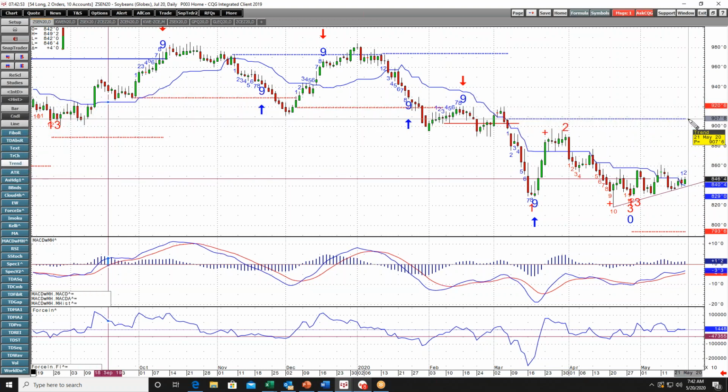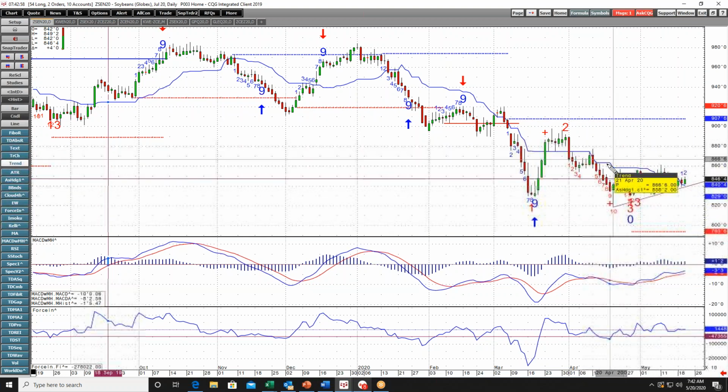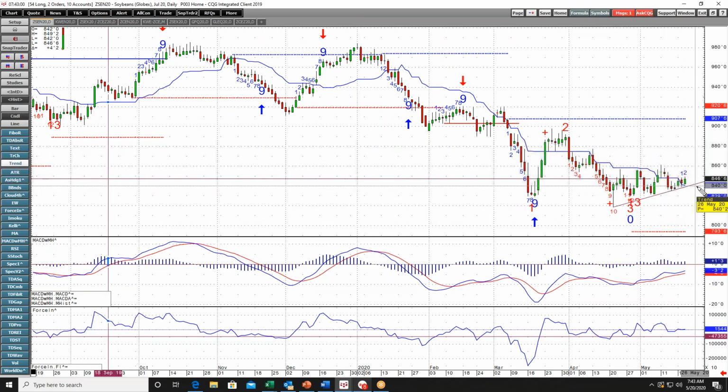This would be the first level of major overhead resistance, which is at 9.07. But everything about this setup looks like beans could move higher. What could change that? Well, any number of things, right? The dollar continuing to rally and making us less competitive than Brazil.